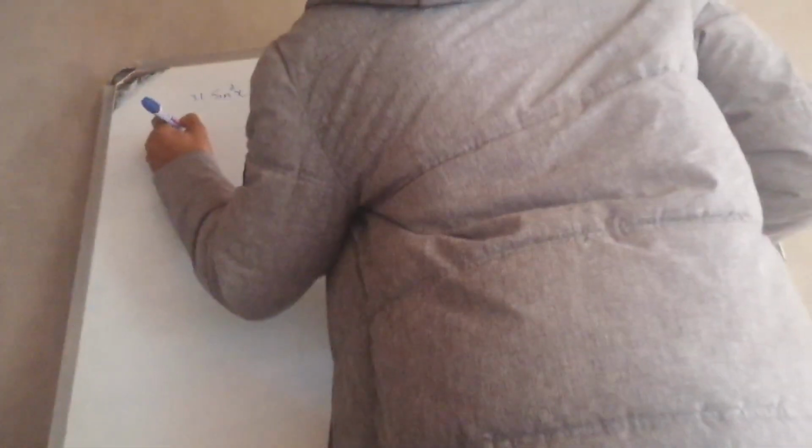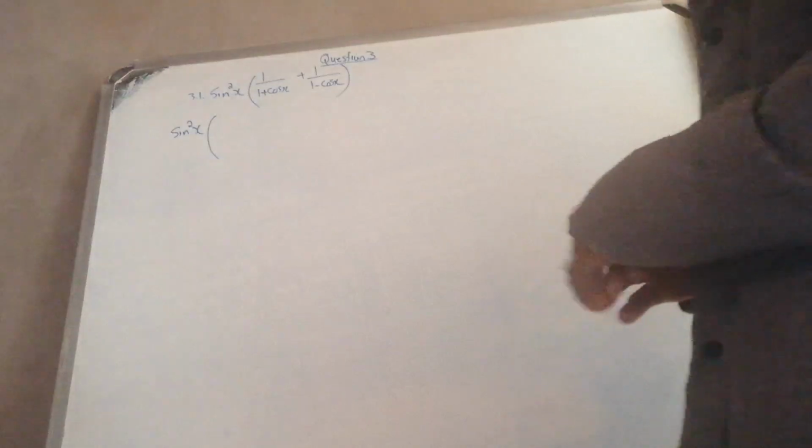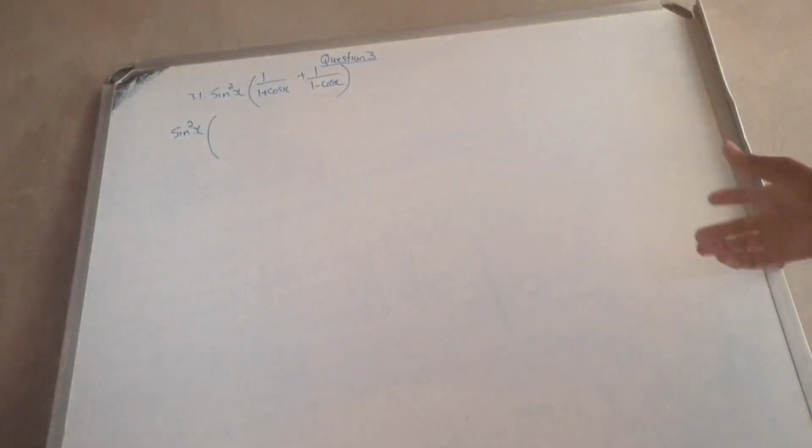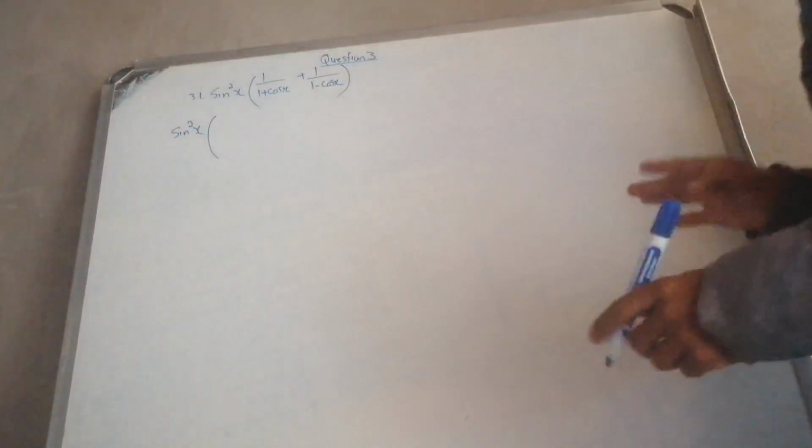I'm going to leave that sine squared, and I'm going to work with what is inside of the brackets. A fraction plus a fraction. I will take out an LCD, and the LCD will be 1 plus cos x and 1 minus cos x. For somebody who studied pure mathematics, grade 10, 11, and 12, you should be able to recognize this.